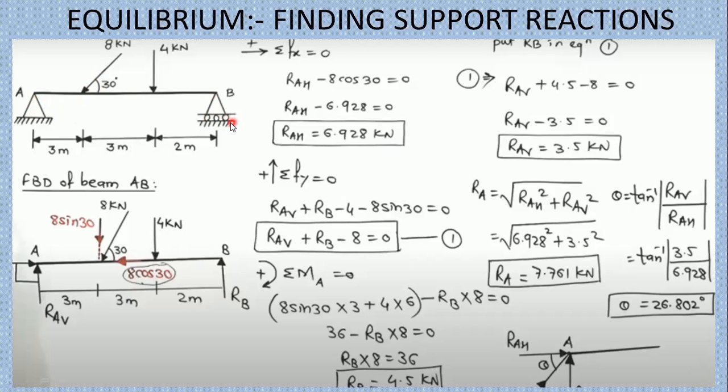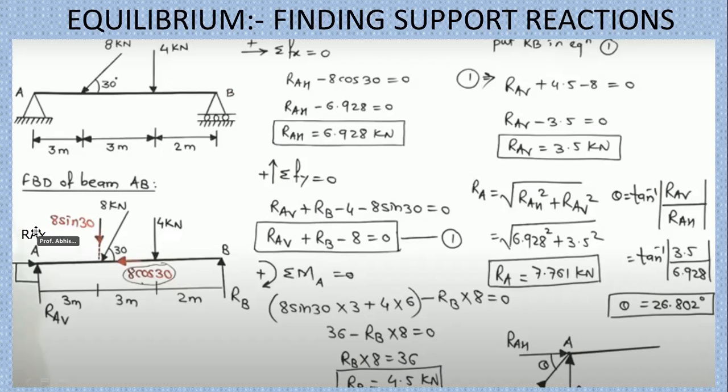Because of this roller, point B can move in the horizontal direction, and that will create the horizontal reaction force. That will be RAX.